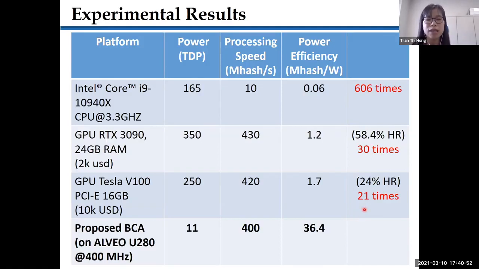But you know that we synthesize in different technologies, ASIC and FPGA, and the nanometer technology is also different. I think in the future, if we make an ASIC chip of this BCA, it can achieve much more hardware power-efficient performance.